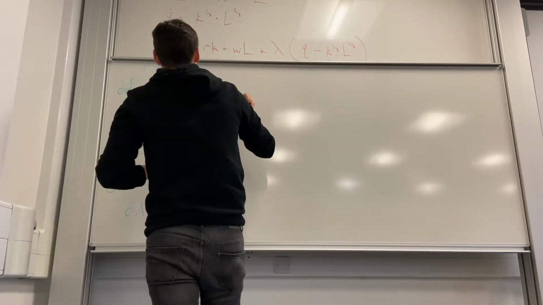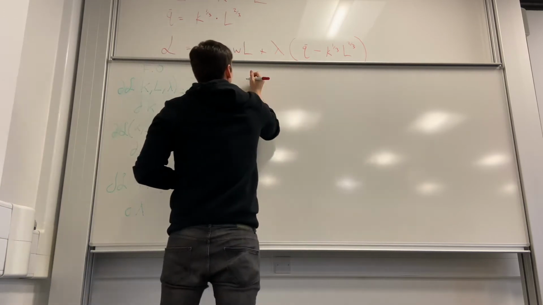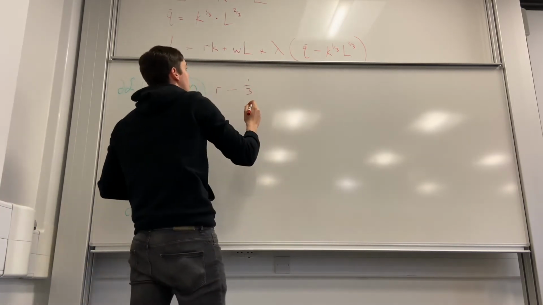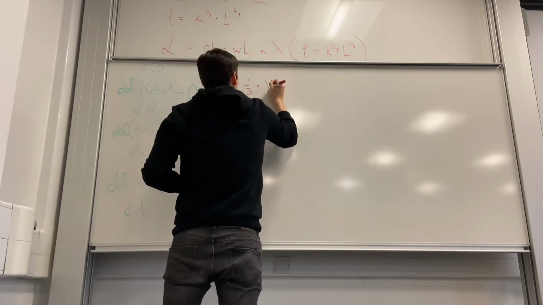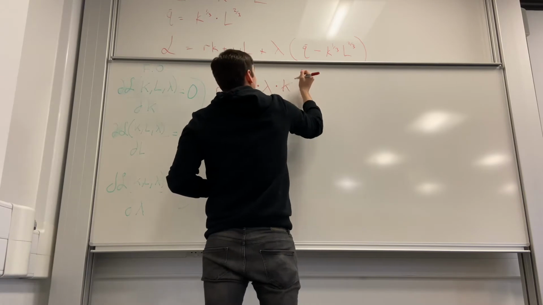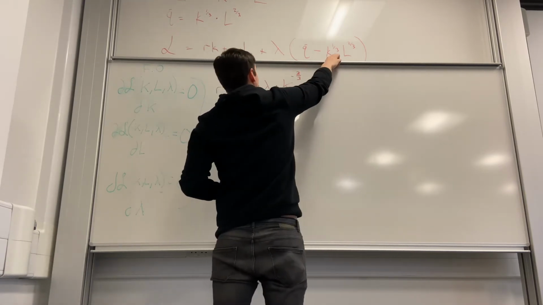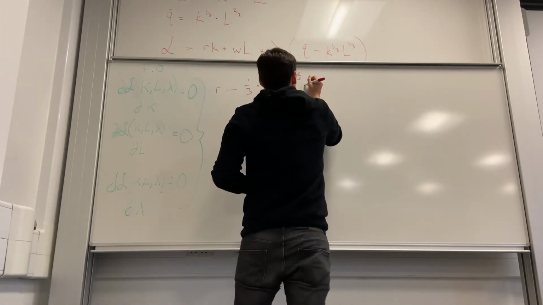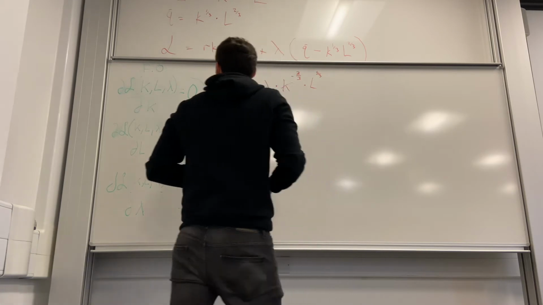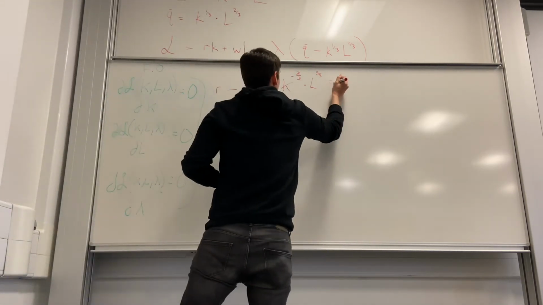You get R, then minus, because it's minus, 1/3, because you times by 1/3, so that comes to the front, and times lambda times capital to the power of minus 2/3, because it's 1/3 minus 1, and then times labor to the power of 2/3. And then that is equal to 0.